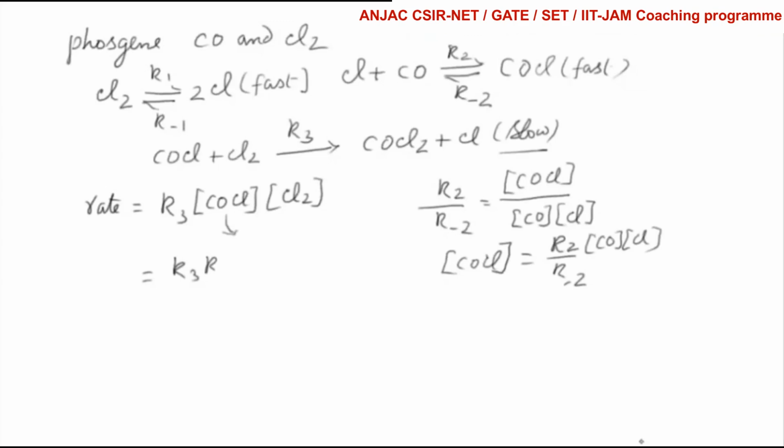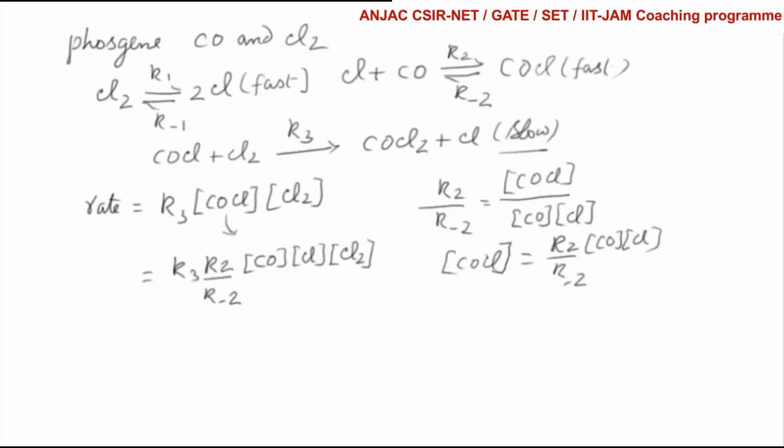Therefore, rate is K3 into K2 by K minus 2 into CO, Cl into Cl2.